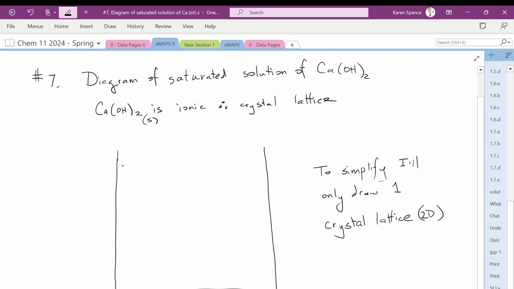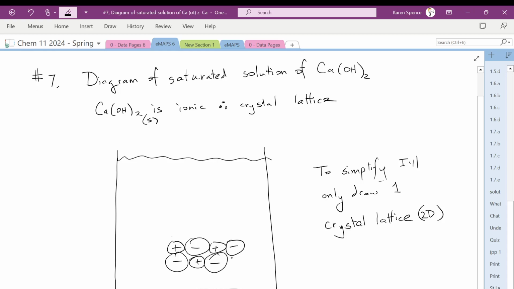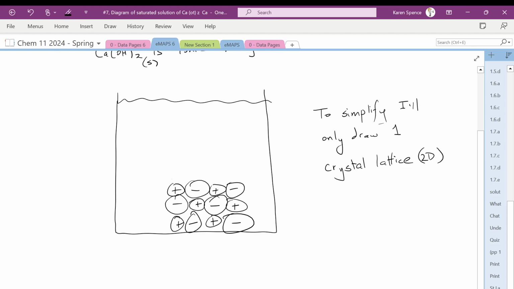So here's our water. So we have positive, negative, positive, negative, negative, positive, negative, positive, positive, negative, positive, negative. I have also simplified this from a 2-to-1 crystal to a 1-to-1 crystal, okay?